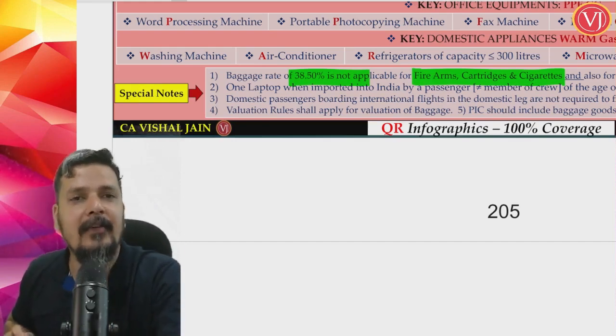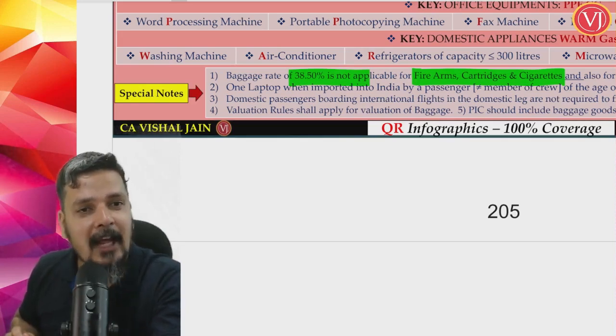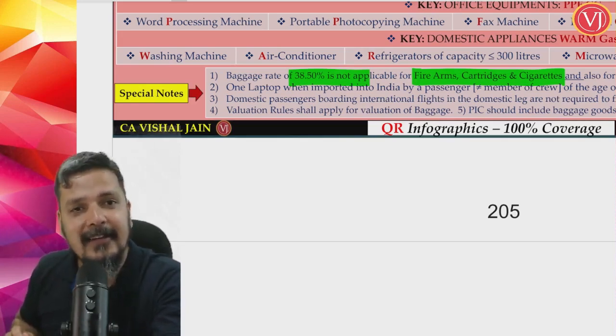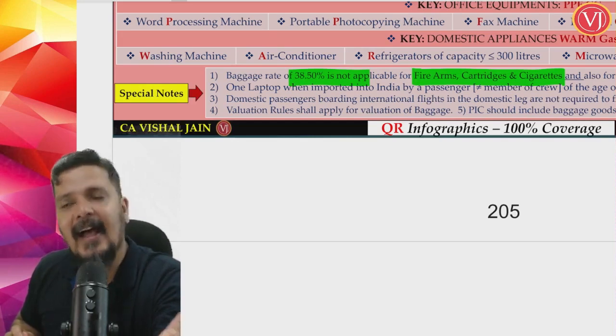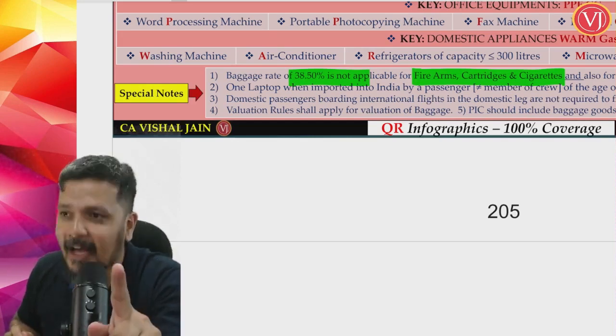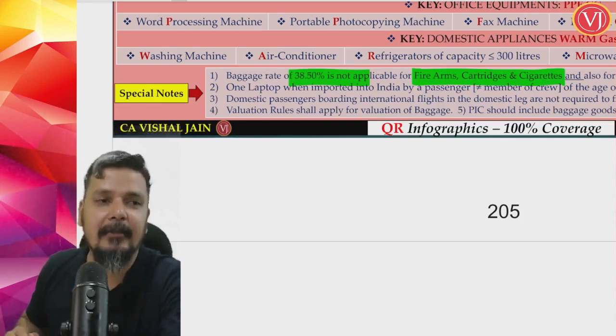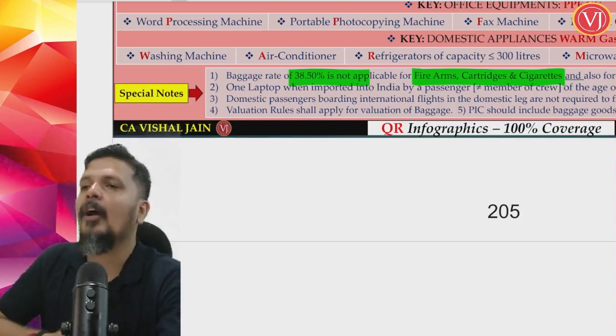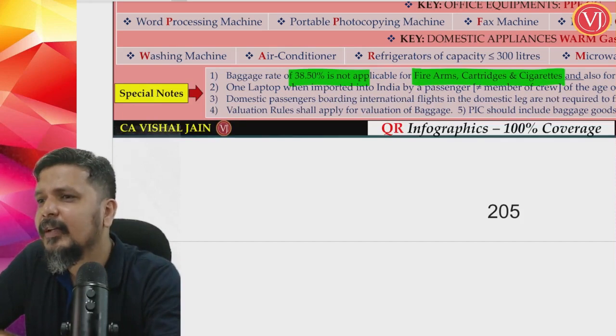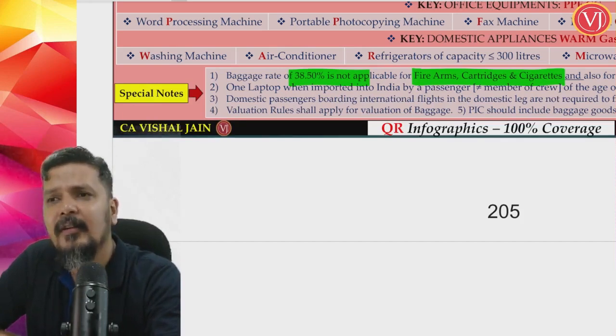So always you'll find that ICAI will never test questions which include firearms, cartridges, cigarettes. It has asked a number of times a question which includes alcoholic liquor, but not these items. What about television?